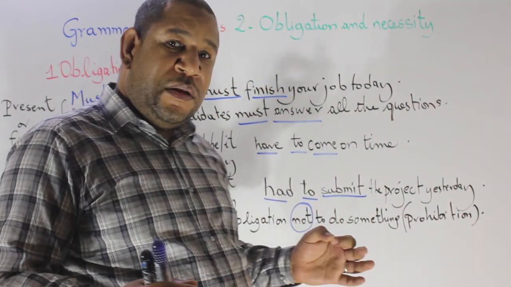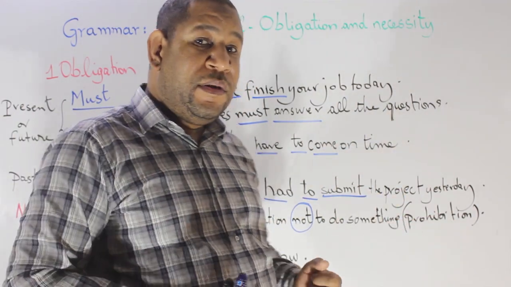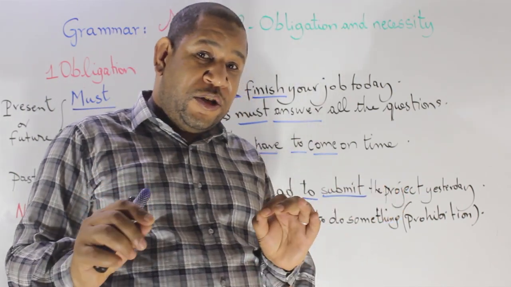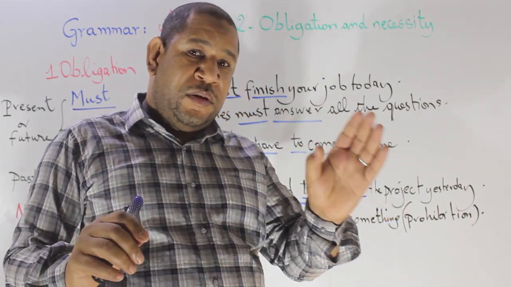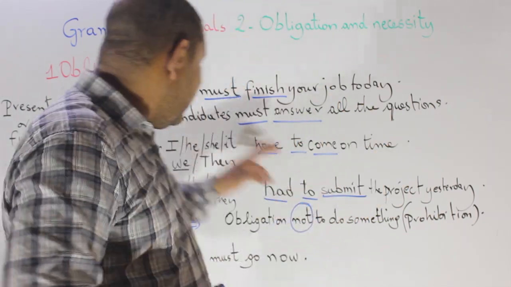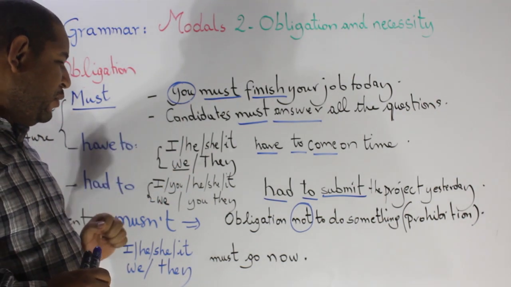So that's a punishment. Or I can receive a warning. It depends. So now I guess things are getting clear. Obligation, if it is direct, we use you. If it is indirect, we use have to. And in the indirect, we don't have the pronoun you here. We have all the other pronouns.